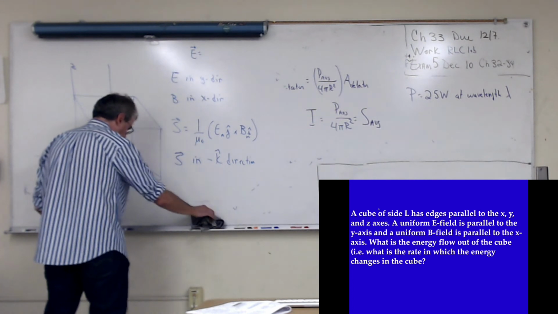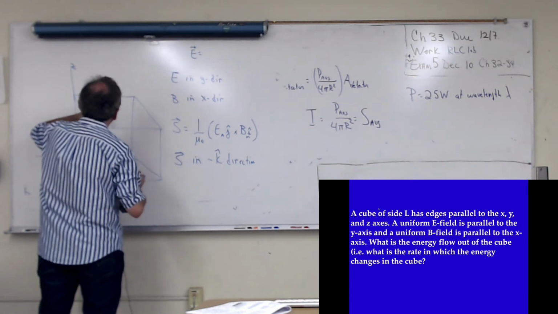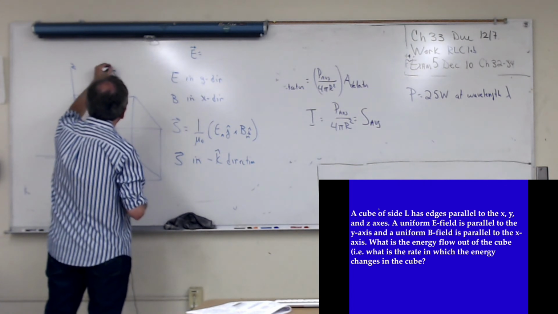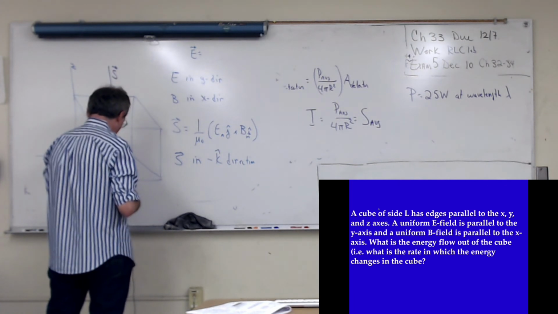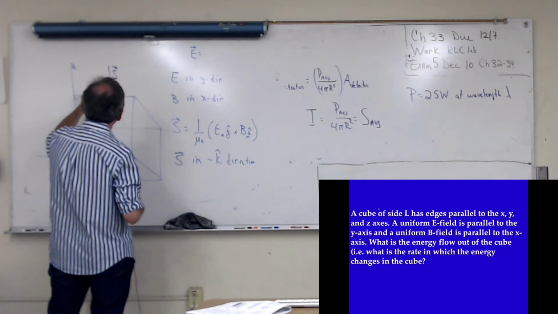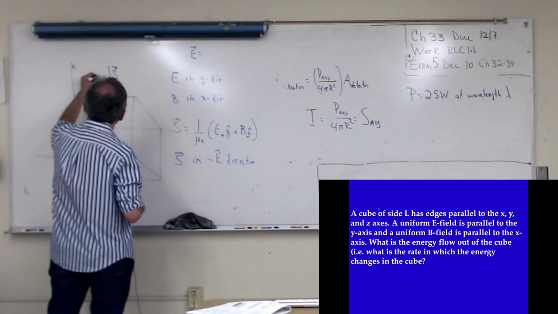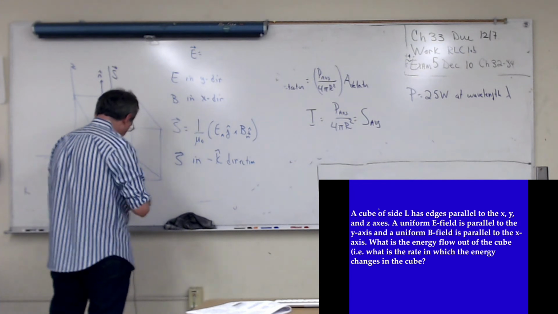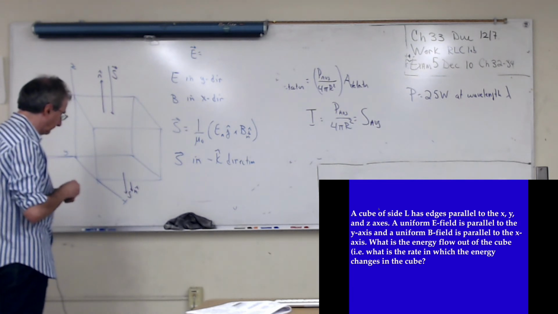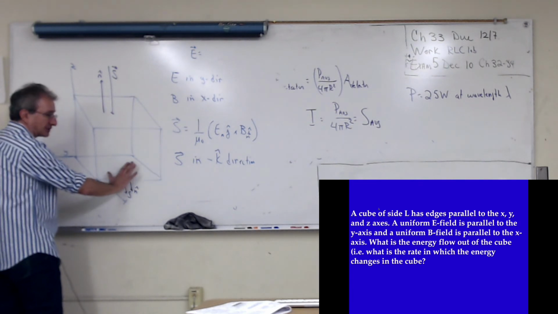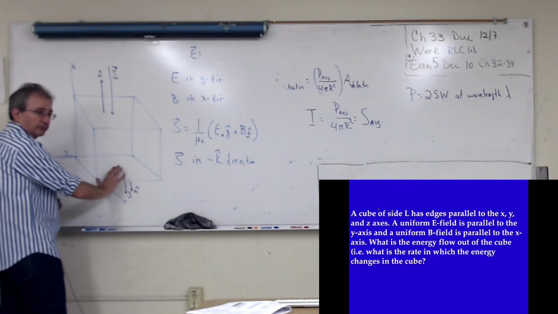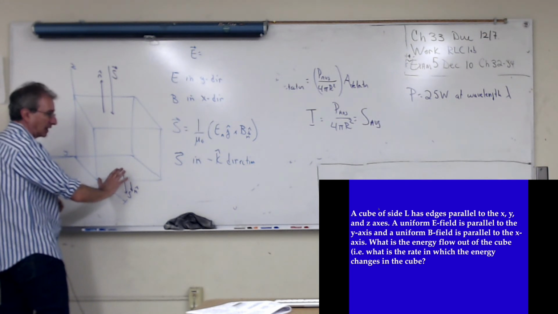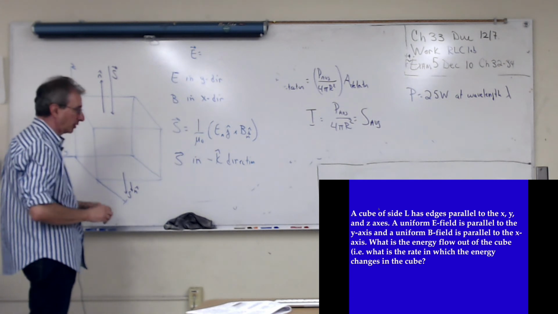Let me draw it in purple. And then it comes out the other direction. And then the normal to this surface points up. The normal to this surface points downward. So I want to look at the energy that passes through here. The energy per unit time, really, because S is the energy per unit area per unit time.